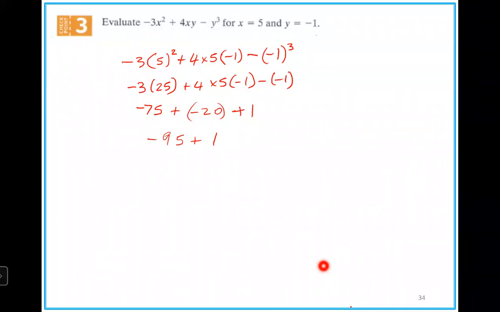And then the next line would be -95 plus 1 will give you -94. Okay, very good. All right. That's it.